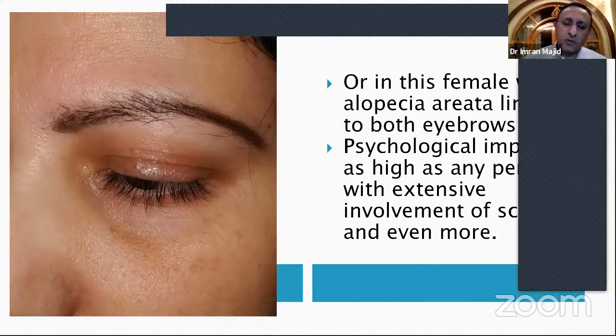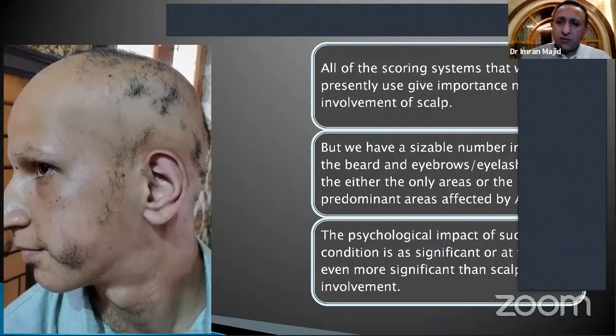You can see this female who has used a marker to mark her eyebrows because she has lost her eyebrows. So there is no scoring system right now which can assess the severity of alopecia areata on any of these areas. The limitation is that all these scoring systems that we presently use give importance mainly to the scalp.